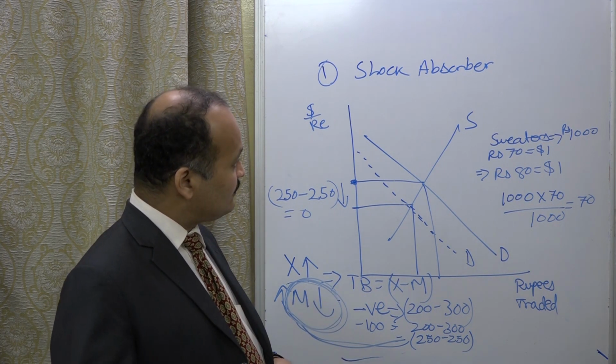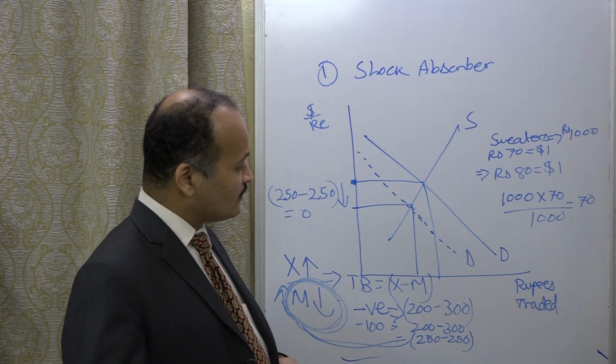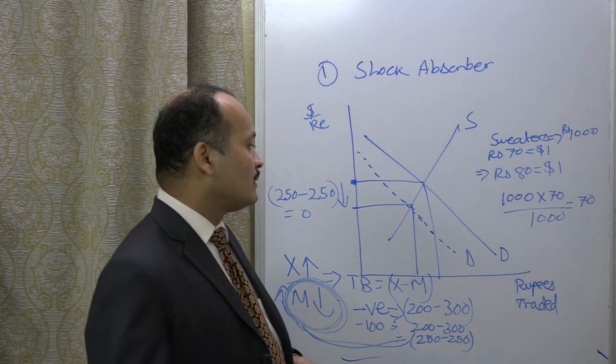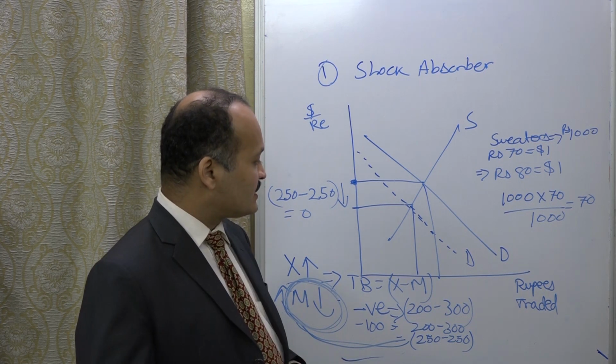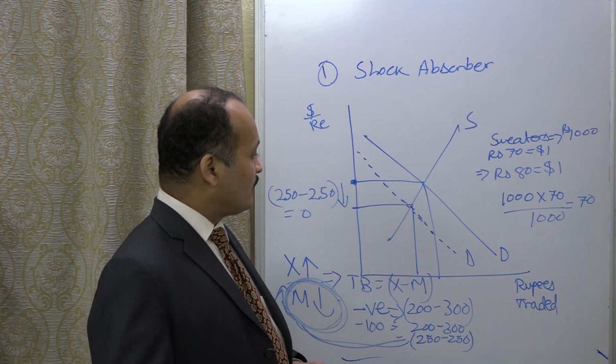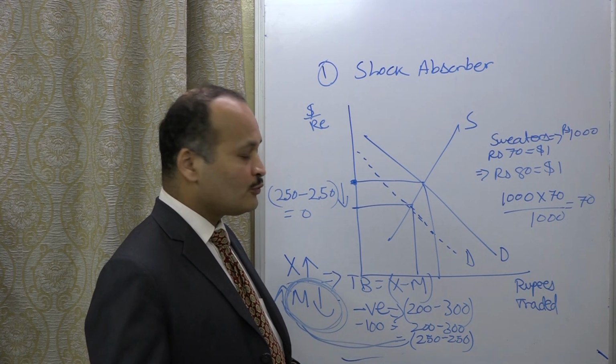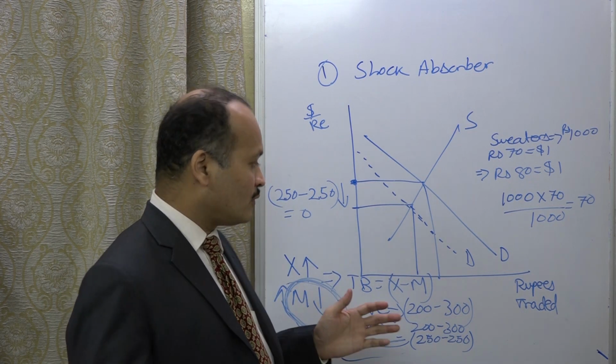And lastly, we discussed how the exchange rate acts as a shock absorber, in the true sense of the term. We have to allow the exchange rate to really play its full course.